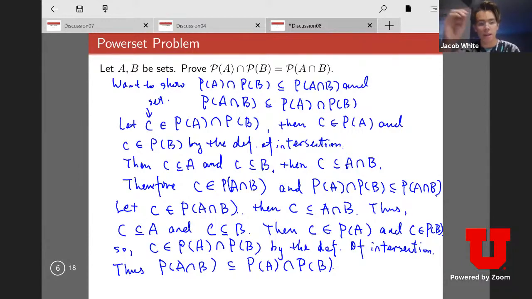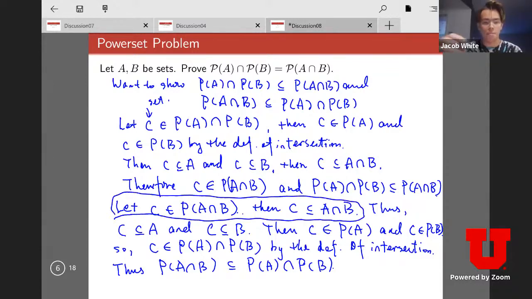But C being an element of the power set of A and B implies that C is a subset of A intersect B. It's this line right under therefore. What is your question about this right here? I was just wondering about that distinction. Is that an important step? I don't know. Never mind.